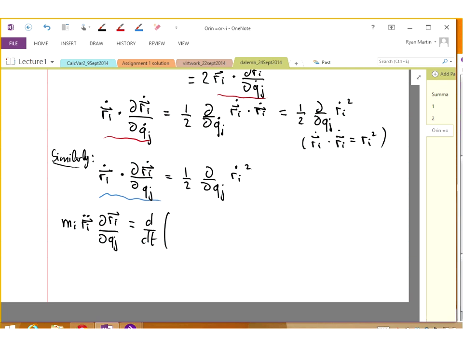The first term, which is the red term, is m_i times a half ∂/∂q_j dot of r_i dot squared.